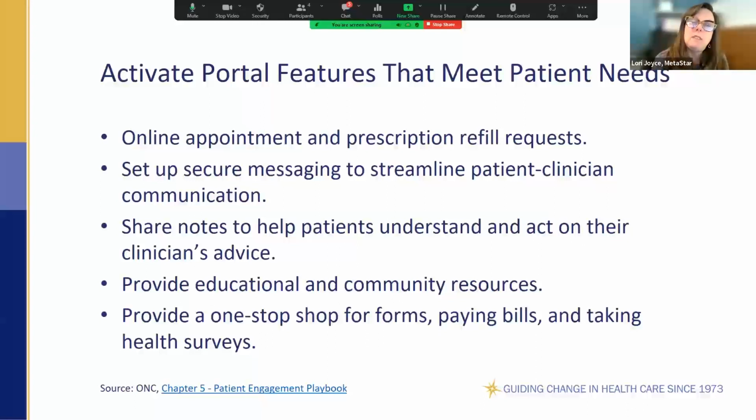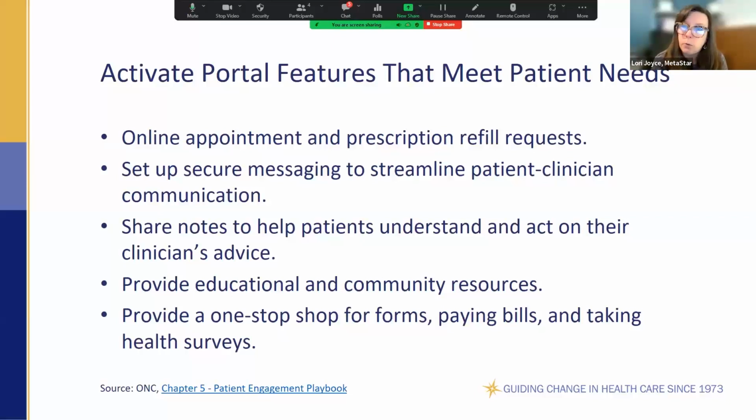Setting up secure messaging to streamline patient clinician or patient care team communication, as well as the ability to share notes to help patients understand and act upon their clinician's advice. It's also a great place to provide educational resources as well as community resources.